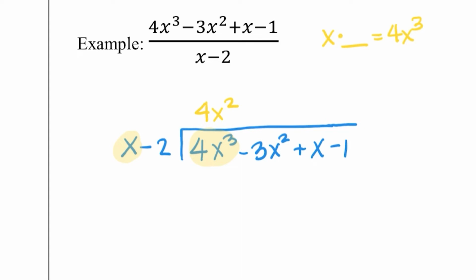So then, what did we do with the long division with whole numbers? Well, the next thing we did was we multiplied these 2 things together, so that's exactly what we're going to do here. We will do 4x squared times x minus 2 to give us 4x cubed minus 8x squared.